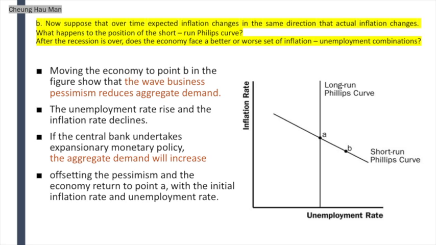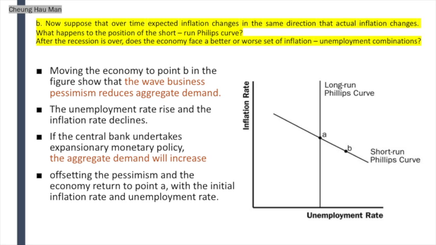Now suppose that over time expected inflation changes in the same direction that actual inflation changes. What happens to the position of the short-run Phillips curve? After the recession is over, does the economy face a better or worse set of inflation-unemployment combinations? Moving the economy to point B in the figure shows that the wave of business pessimism reduces aggregate demand.